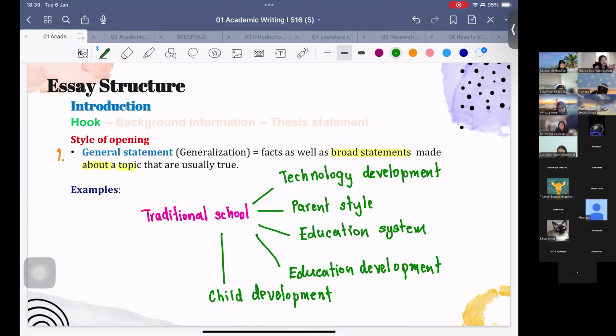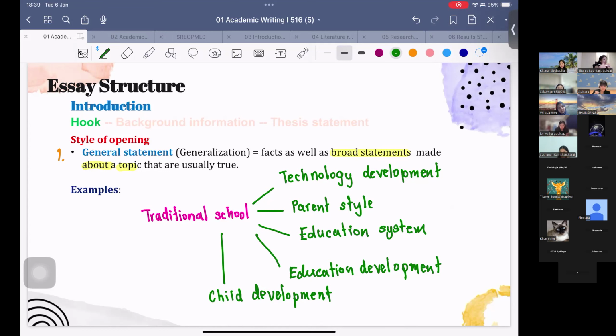The idea of general statement is that when you are given a topic, you start with a broad statement. You try to come up with things that relate to your topic, general knowledge, a general statement about your topic, but not exactly straightforward writing about your topic like traditional school.